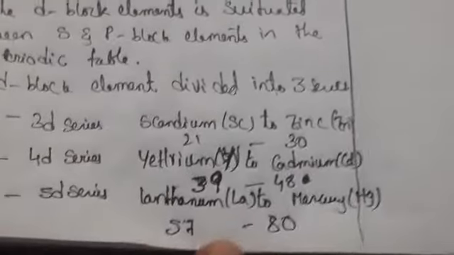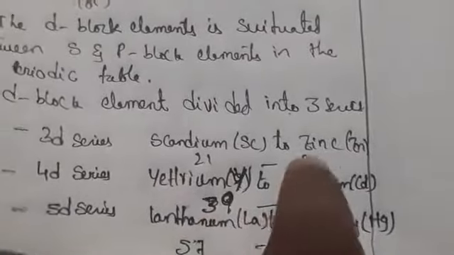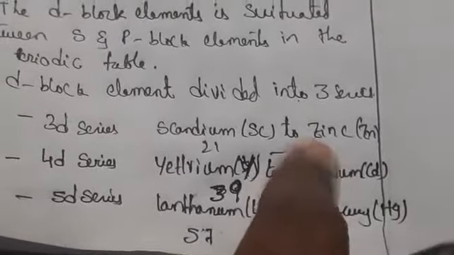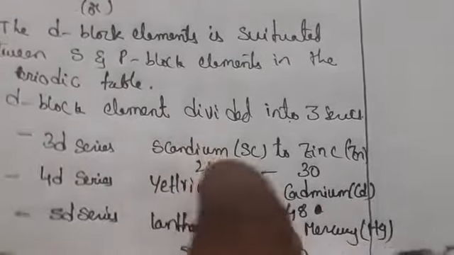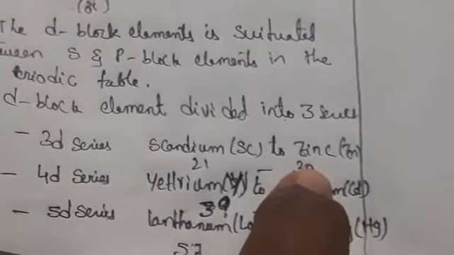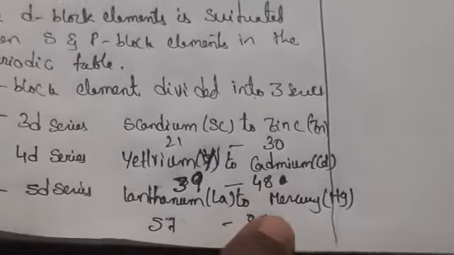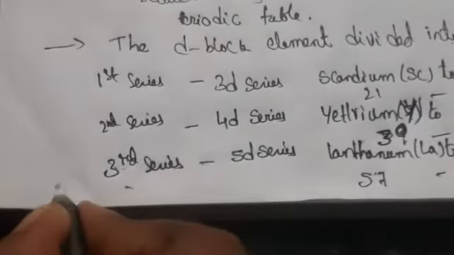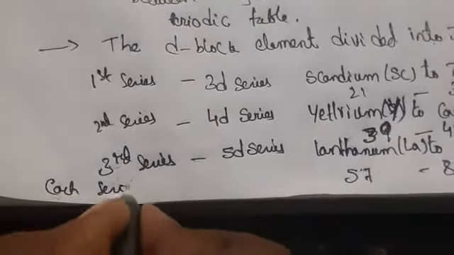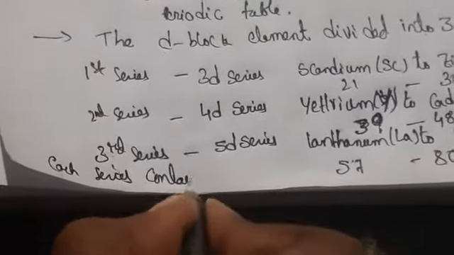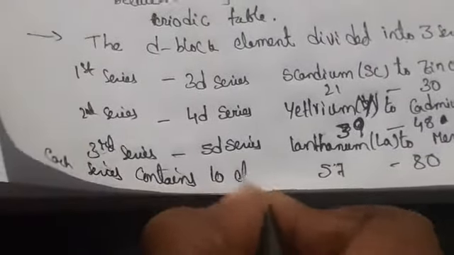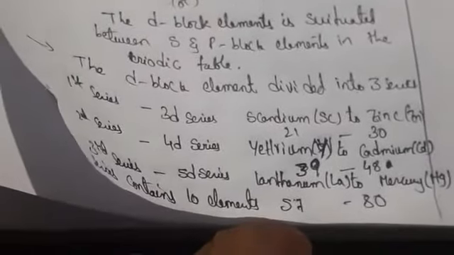Each series has 10 elements in the d block. In the 3d series, 21 to 30, how many elements? 10 elements. 39 to 48, 10 elements. 57 to 80, 10 elements. So each series contains 10 elements in the d block elements.